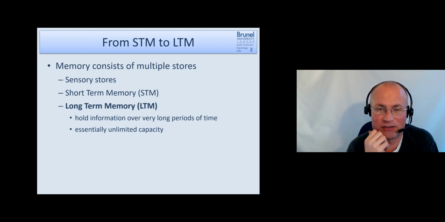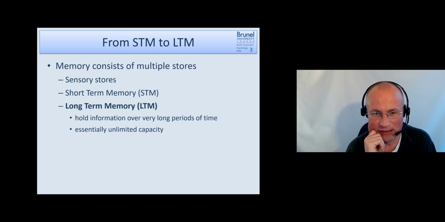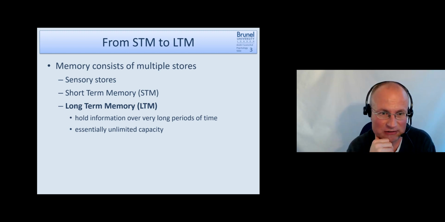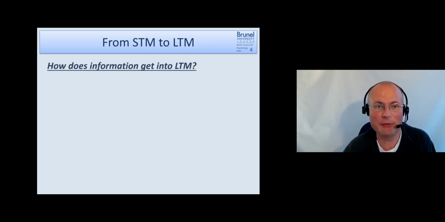I mean, in reality, there will be a capacity limit naturally, but in everyday life, we usually don't experience that limit. If we really set our mind to learn something, then we can learn these things. So, how does information get into long-term memory?